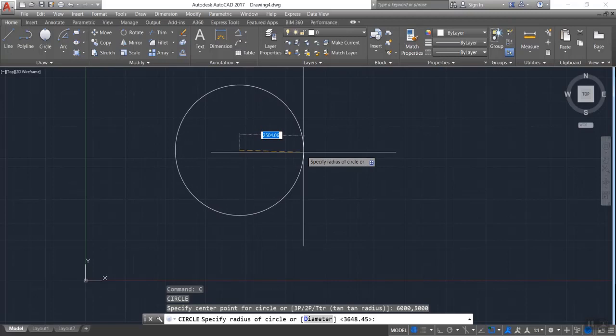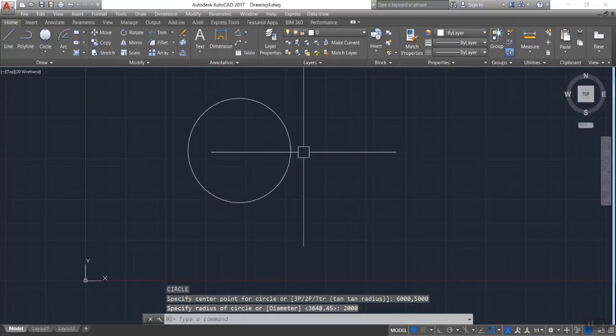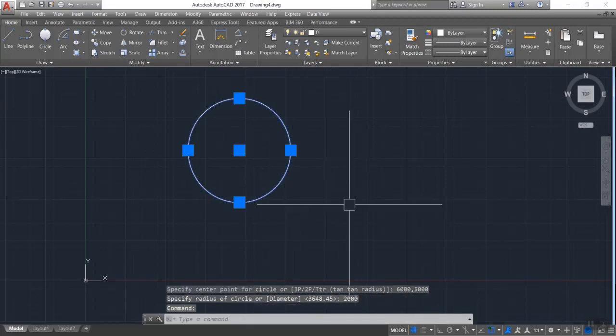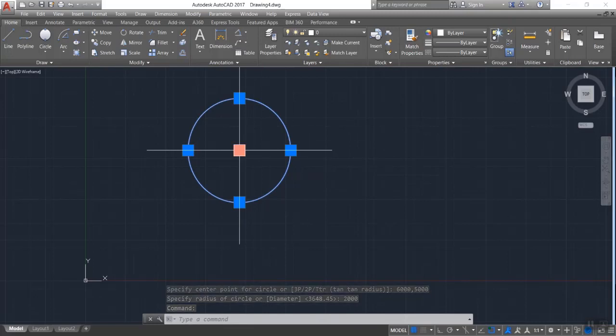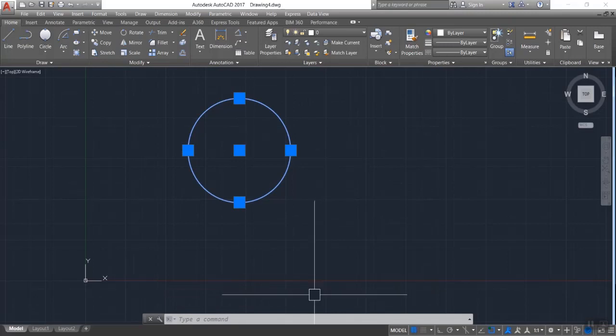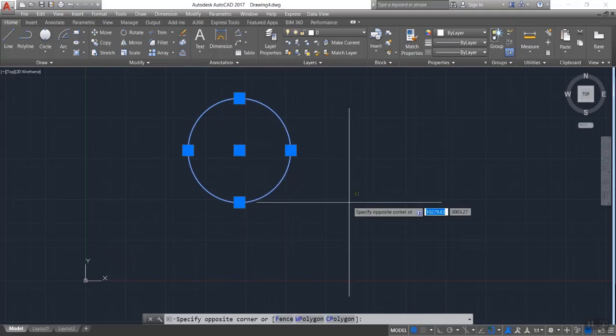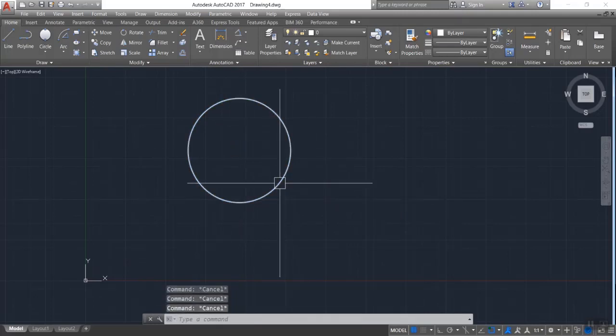So let's see, I need a radius of 2000. Okay, so this circle has a radius of 2000 and its x coordinate is at 5000, and y was 6000, I guess, I don't remember. Okay, anyway, this is the first method.